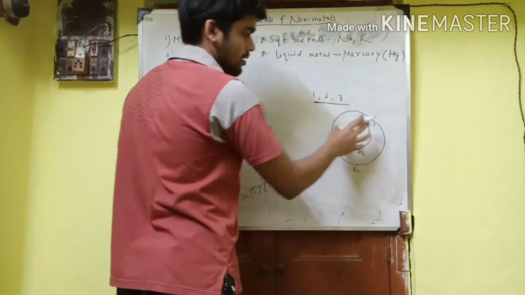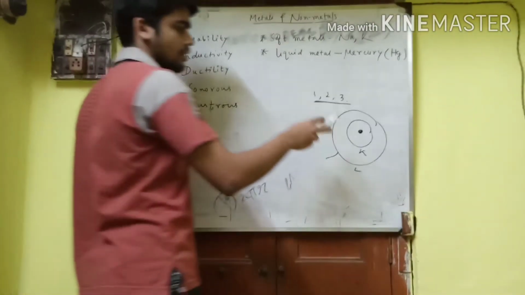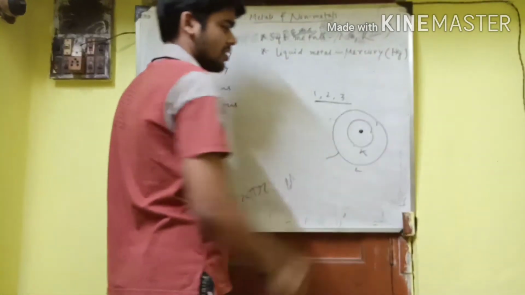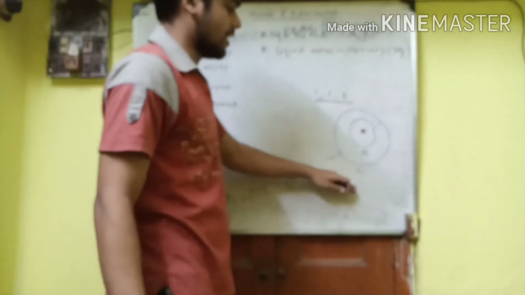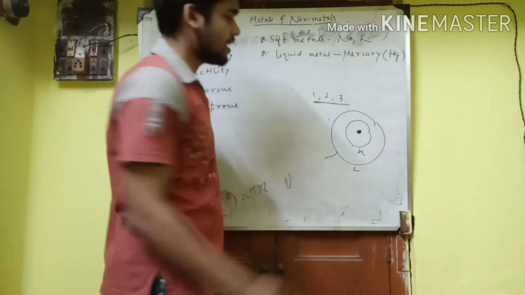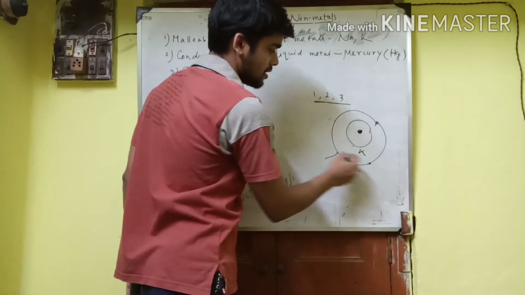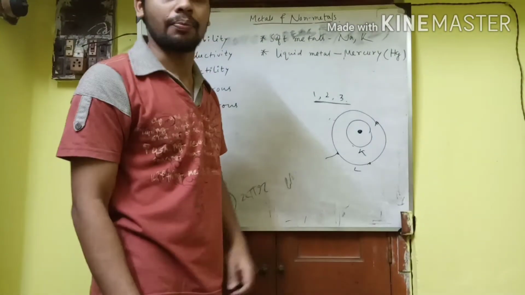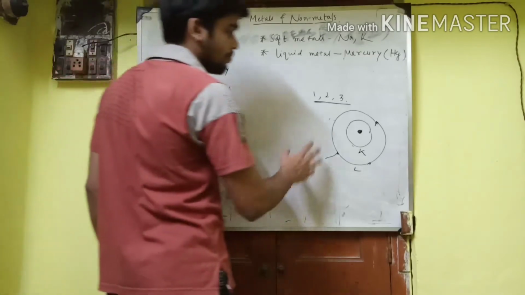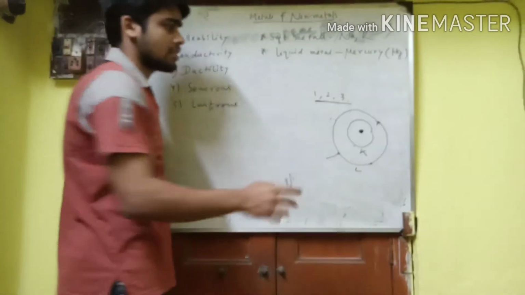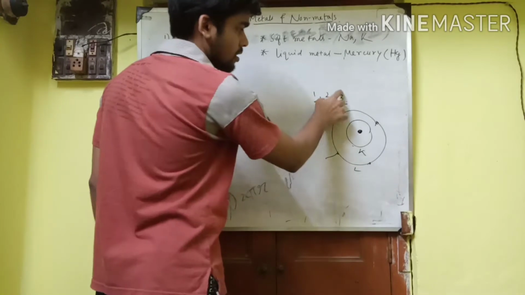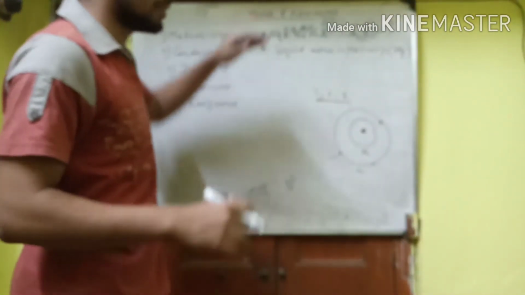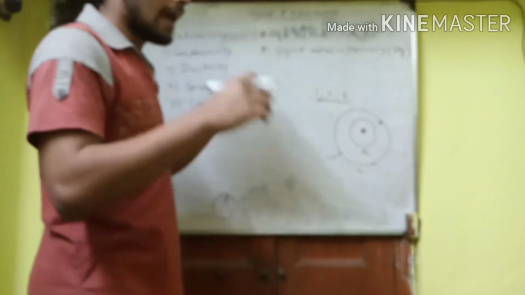So if an atom has two shells, K and L, then L is the outermost orbit, and the number of electrons present in the L orbit are the valence electrons of that atom. If an atom of an element has 1, 2 or 3 valence electrons, then the element is known as a metal.